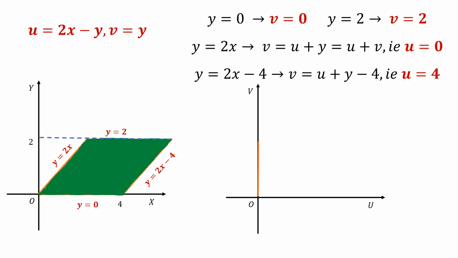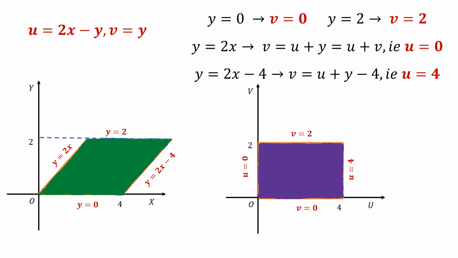So first we draw u equals 0, then u equals 4, this is v equals 0, and this is v equals 4. So over this region we have to integrate. So this kind of figure will be transformed in such a way.